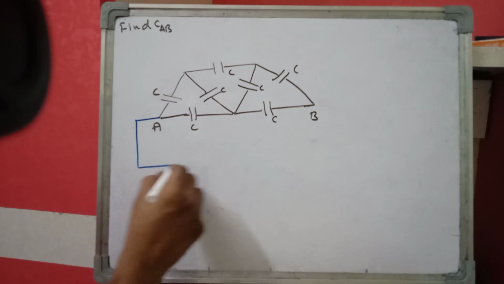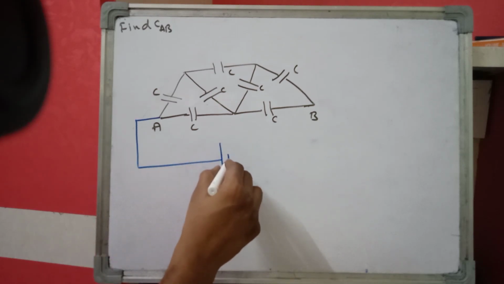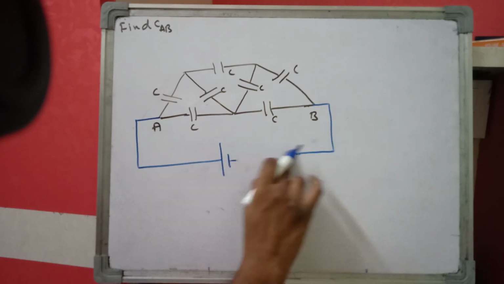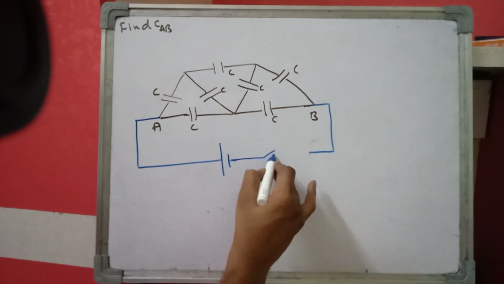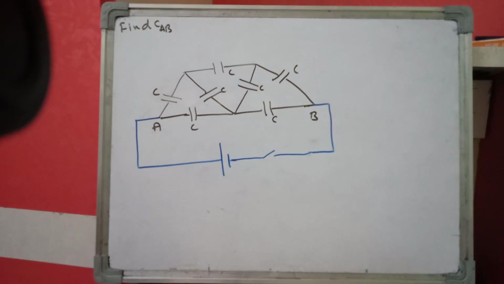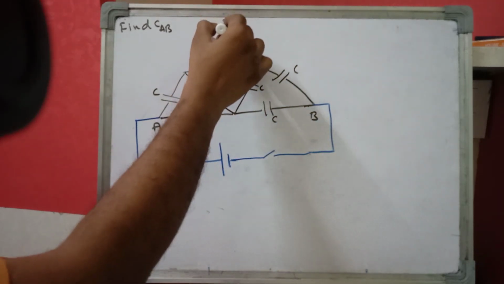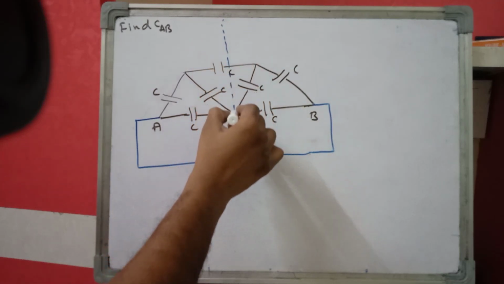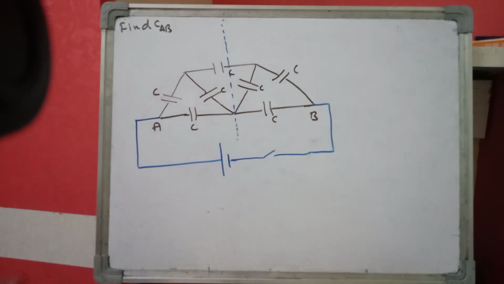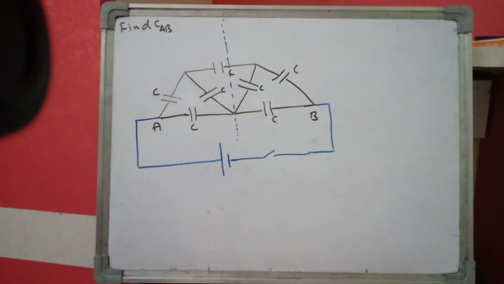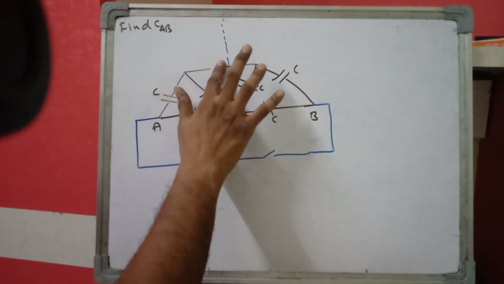Suppose this is the positive terminal of the battery and this is the negative terminal of the battery, along with a switch. Then what happens? So if you consider one half of this circuit like this, the left side, if this is the object, then the other one is what? The image.